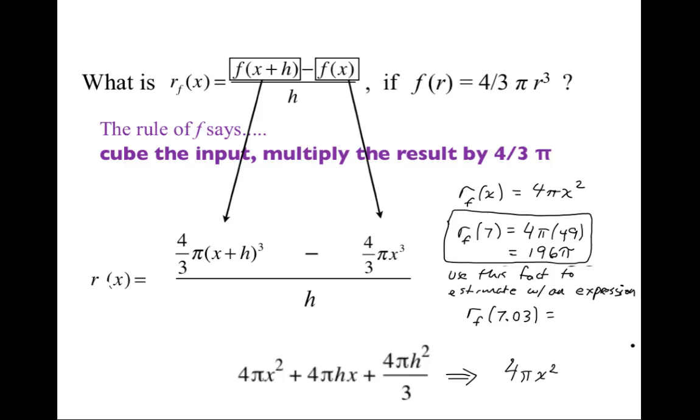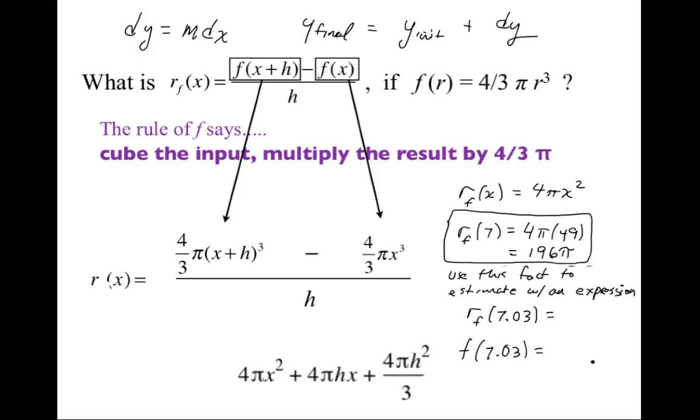Yeah. And what's y? What's y? Right. The corresponding change in volume for that change in radius will be 196 pi times that change in radius. Okay, so based on that, can you, using that fact, estimate f of 7.03?